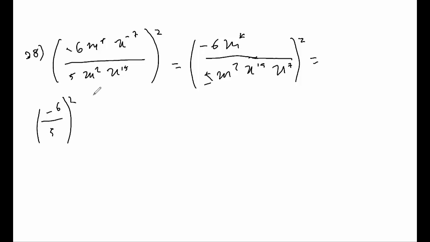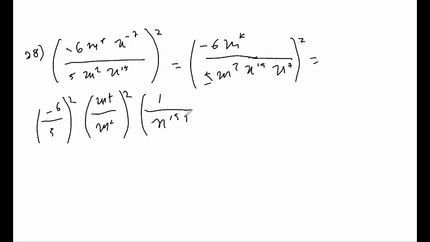And then I'll put my m's, m to the 4th over m squared, and I'll square that. And then finally, I'll put my n's, and remember it's over 1 because this is on the bottom, and therefore there's a 1 over there, times 1, so that's going to be n to the 15, n to the 7th, squared.